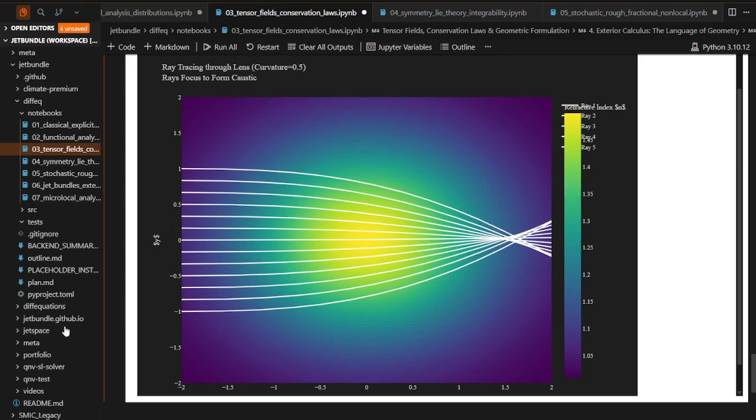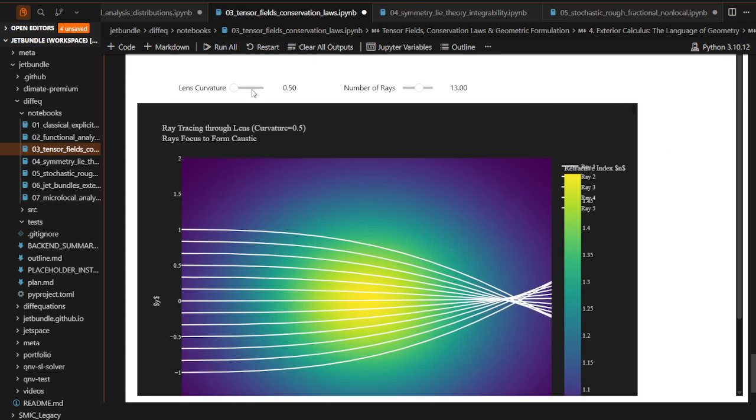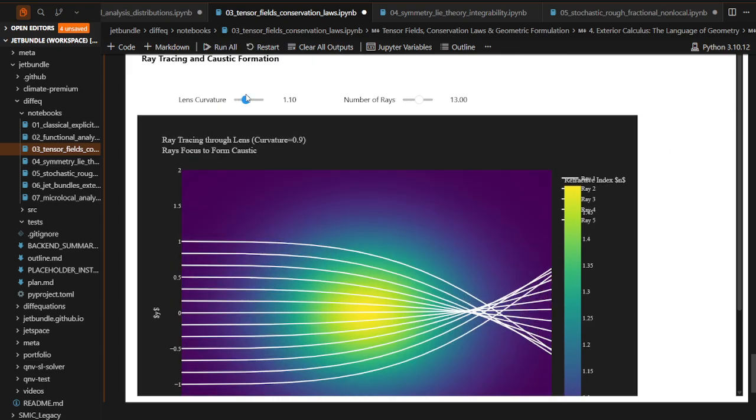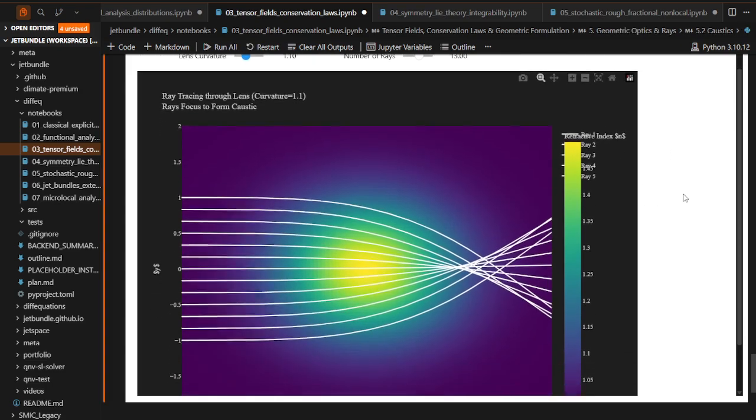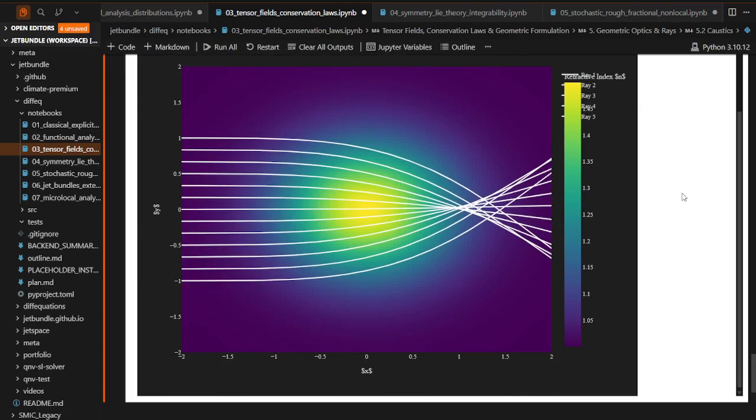So again, we will look at incoming rays that bend inwards, and they focus past the lens. And if we increase the curvature of the lens, we will see that the higher curvature sharpens the focus, and it forms a brighter caustic curve.